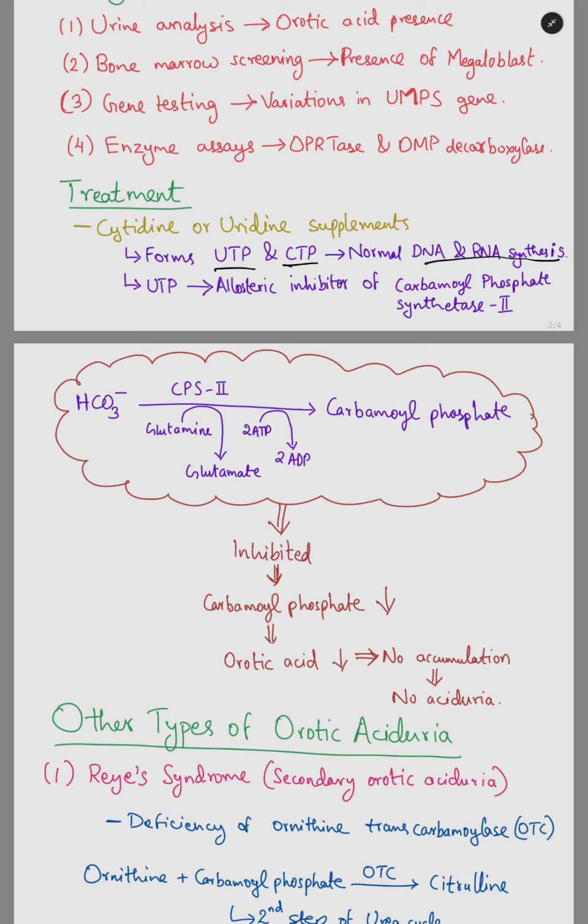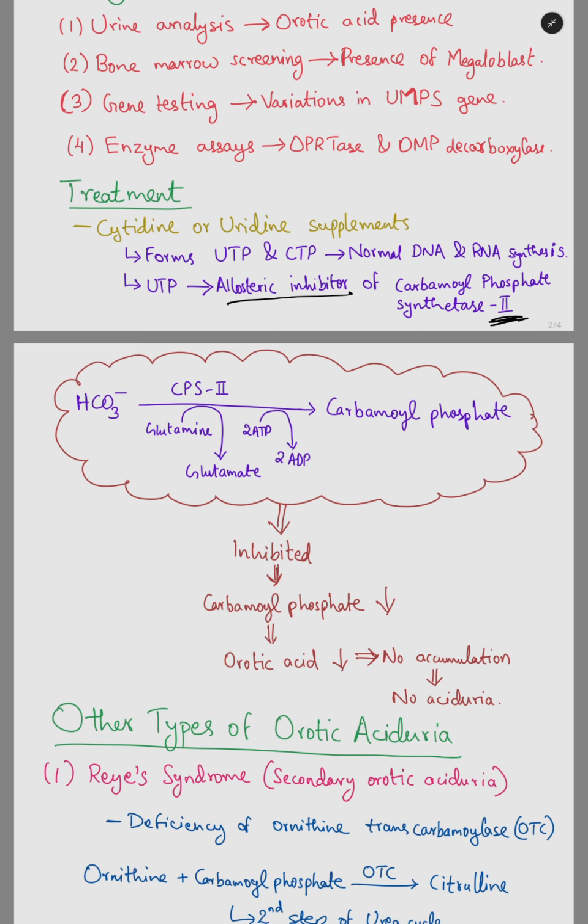Another action of UTP is that UTP is an allosteric inhibitor of carbamoyl phosphate synthetase 2. The reason why I said 2 is because carbamoyl phosphate synthetase 1, that is CPS1, is an enzyme of the urea cycle, and it has a different function.